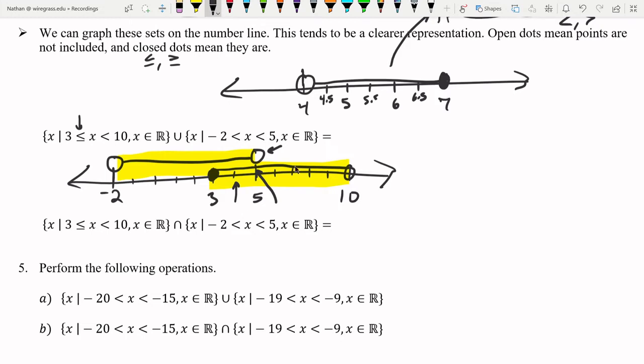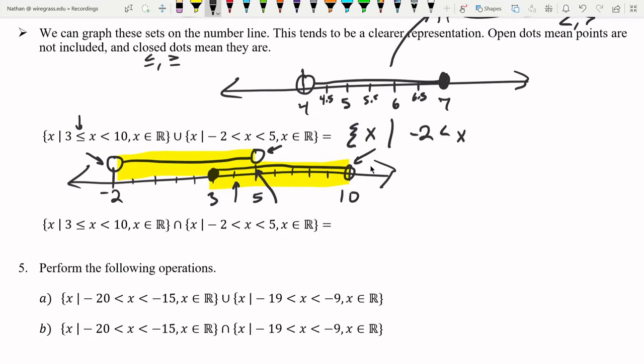Okay, so the union is going to be the set. I'm going to write it in set notation, or set builder. All of the x such that, and I'm going to start on the leftmost side, because we always start with the lowest value first. -2 is not included, but it does start there, and it goes all the way up to 10.